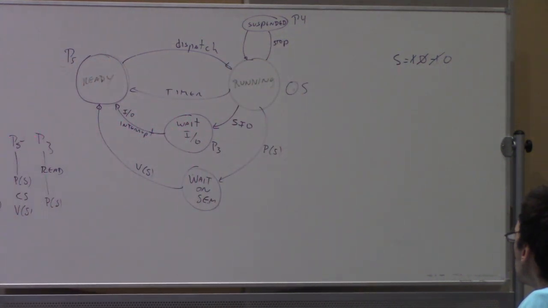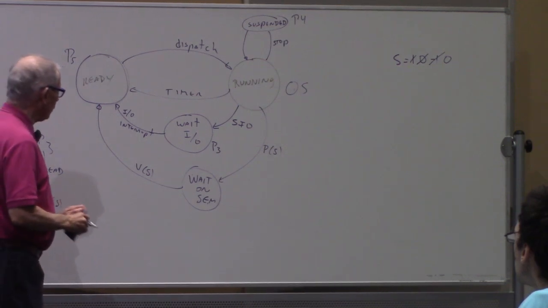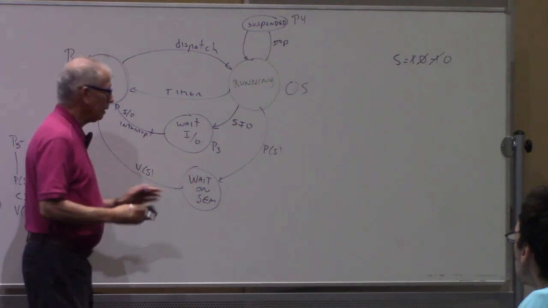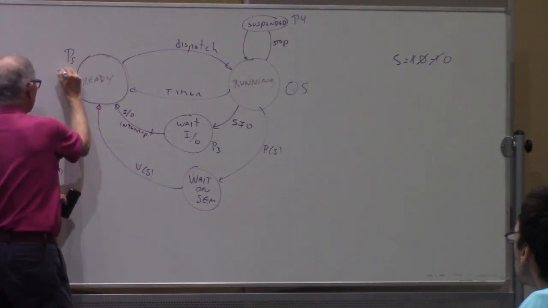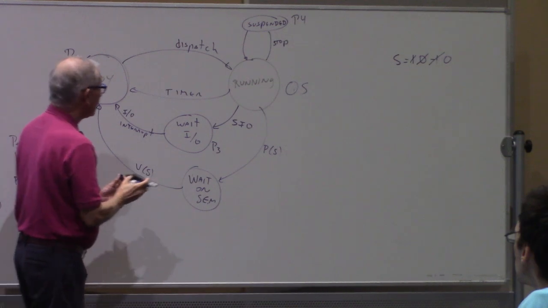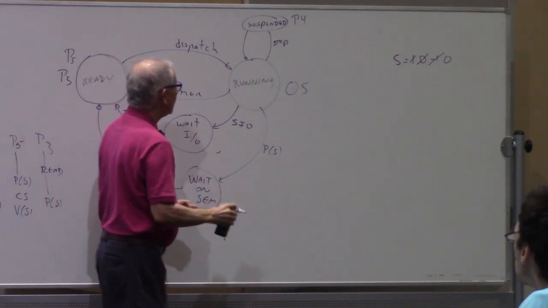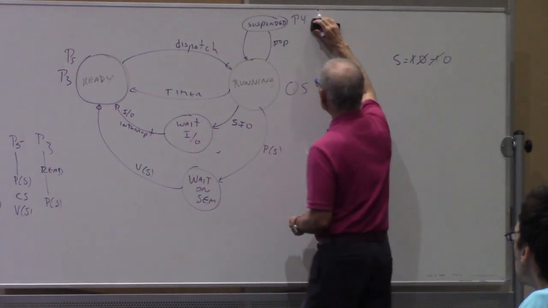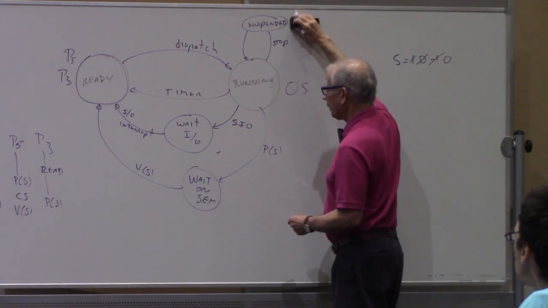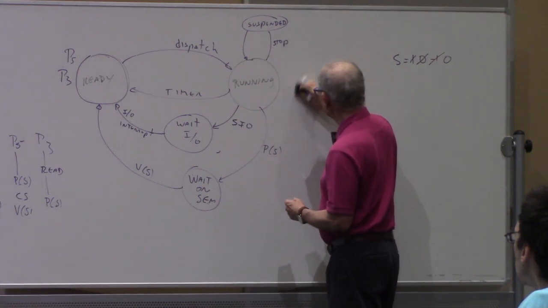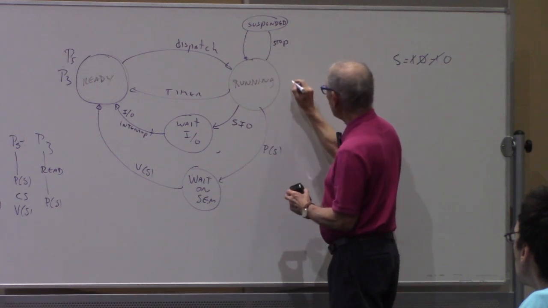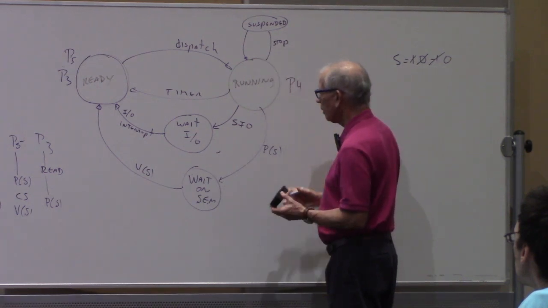Are you following me so far? And then what the OS is going to do is move P3 right here, and then give back the CPU to P4, right? And P4 resumes execution, all right?